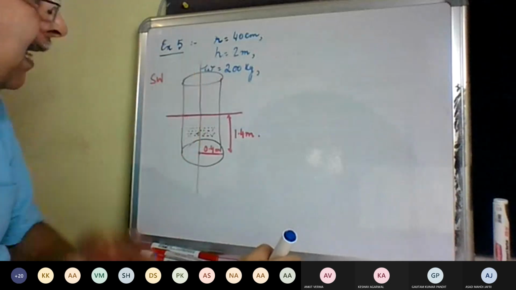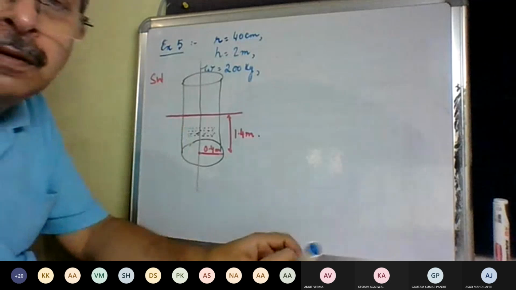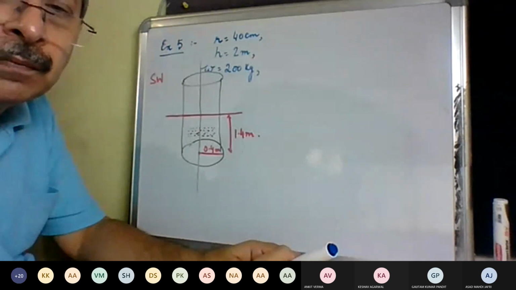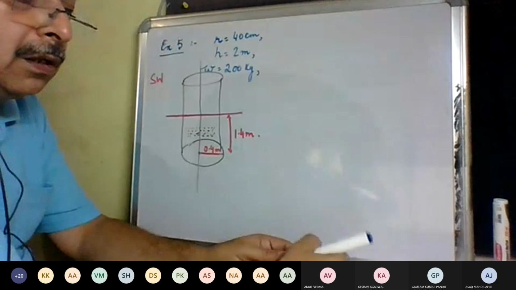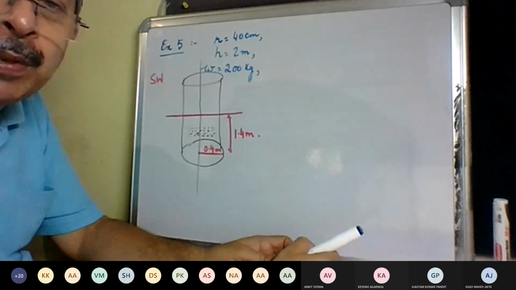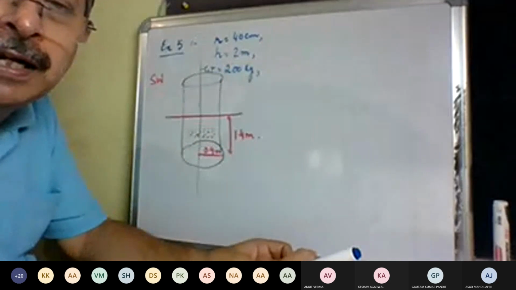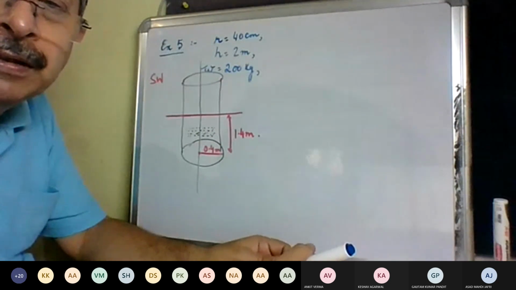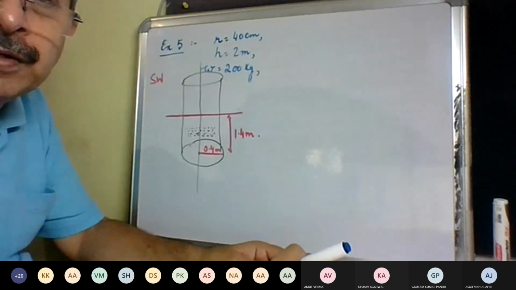And now this floats like this, axis vertical. I have to find out how much I put inside. So basically I find out the loaded ship displacement. From that I subtract the light ship displacement. I will get the mass of the lead. That is the basic fundamental that I am going to follow.